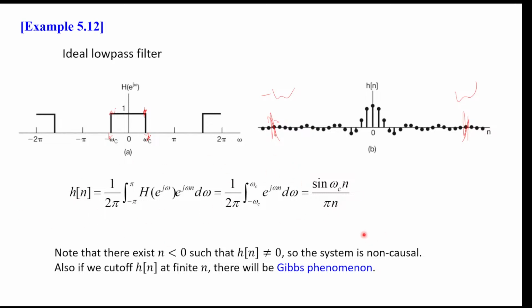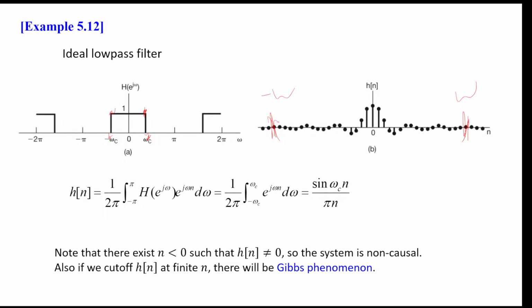In chapter 3, we had the Fourier series expression of this periodic block wave signal, and it was this sin k over k signal. Okay, and anyway, you can plot this as a function of n. This is now a function of n, h of n, and it's a sampled sinc signal, so it has a decay of 1 over n, and it has this oscillation like sine over n.